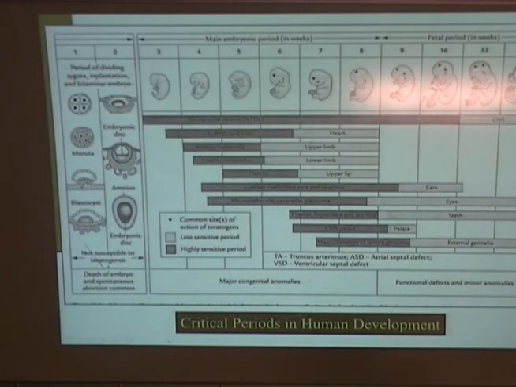So this chart gives us some cool info. So you can see here, remember I said that the placenta is not attached until between weeks 2 and 3, okay? So at this point in time, these first couple of weeks, there can't be any teratogenic effect on the embryo, right?